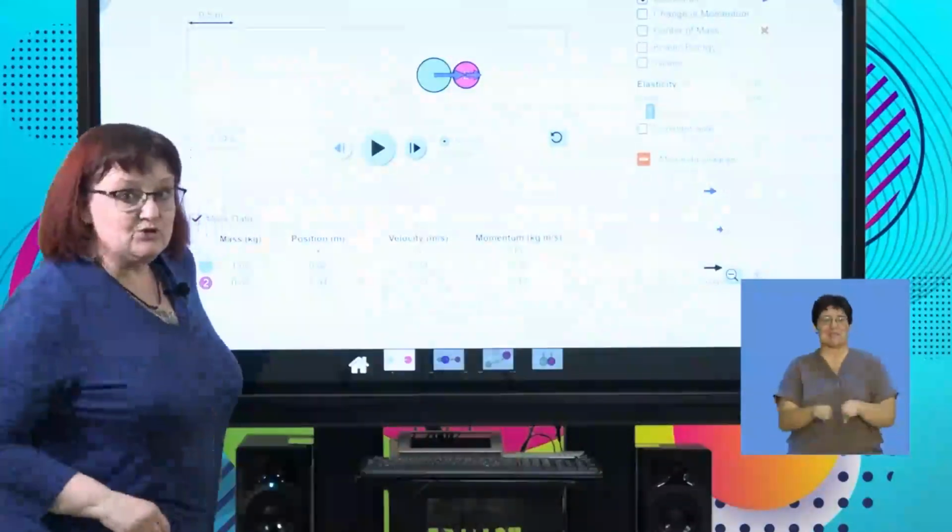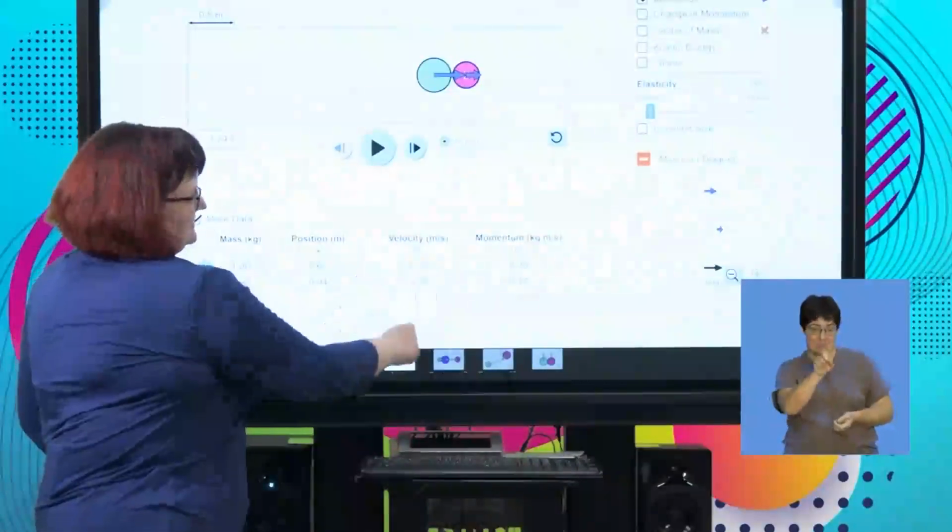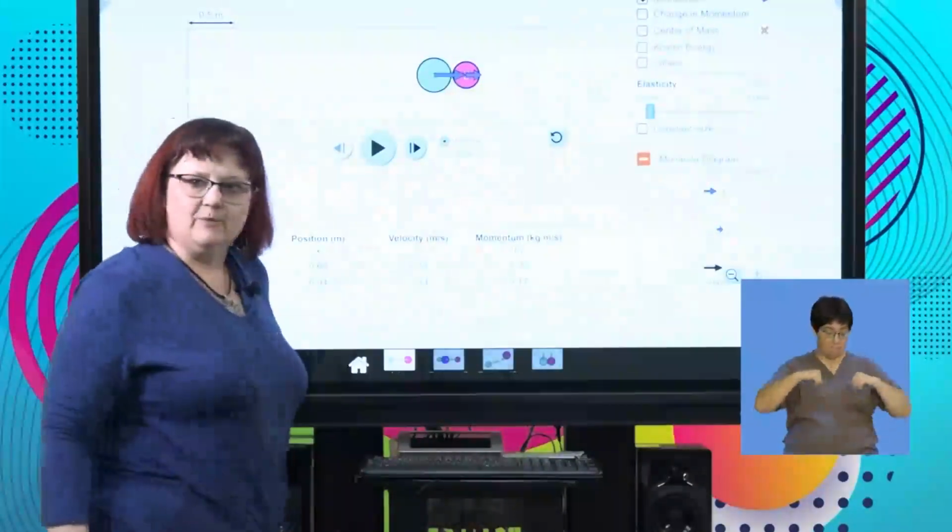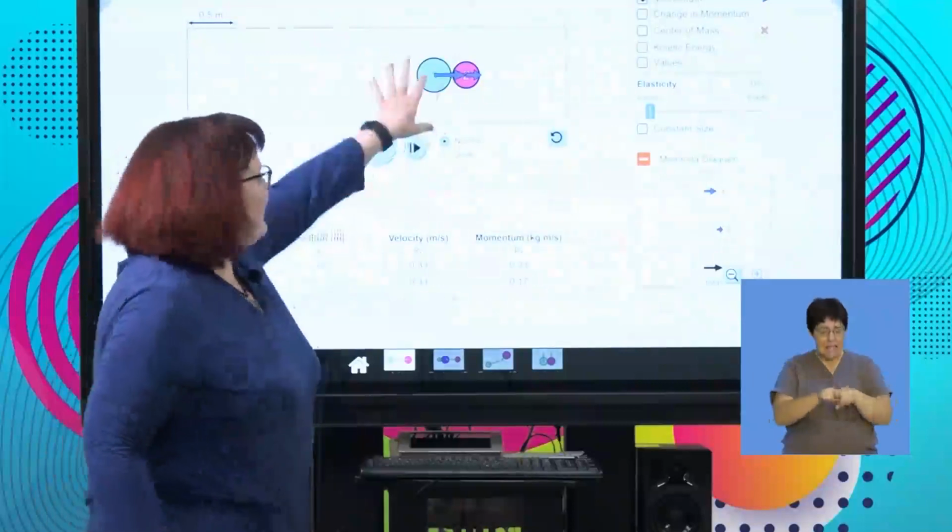I also need you to see something. When they stick together, they both end up with the same velocity. They're one object. I can't have them stick together and then you tell me, well, the first one's going at this velocity and the second one's going at this velocity, but they're not the same. Not physically possible. They have to stay together, okay?